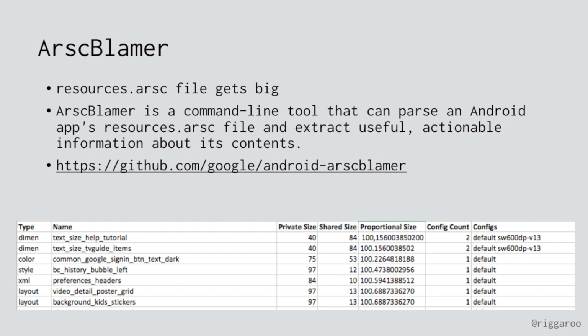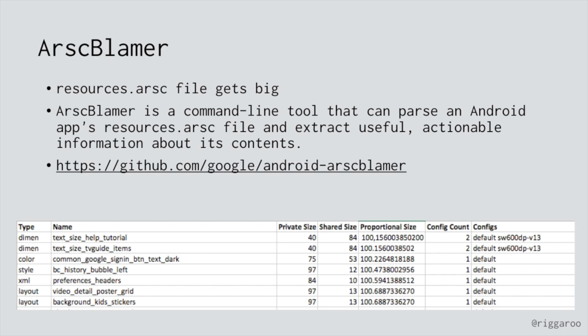Okay, so this is maybe a little bit too much, but there's a tool called ArscBlamer. If you remember from the previous slide, I talked about the resources.arsc file. That file can get really big if you start adding a lot of different configurations.